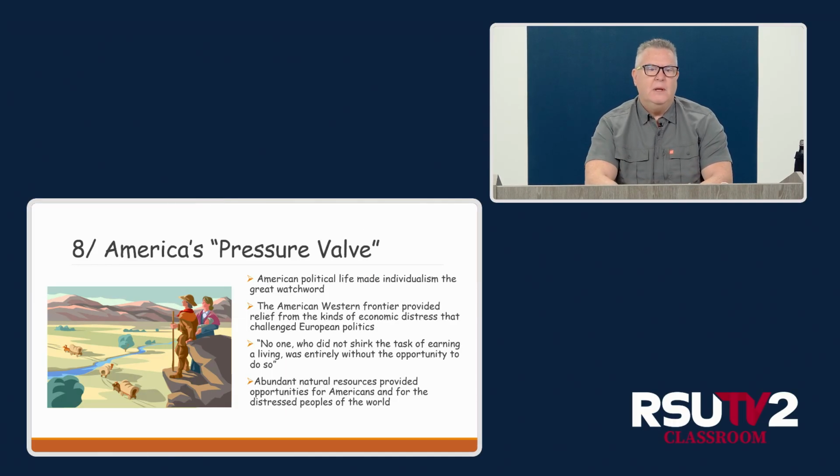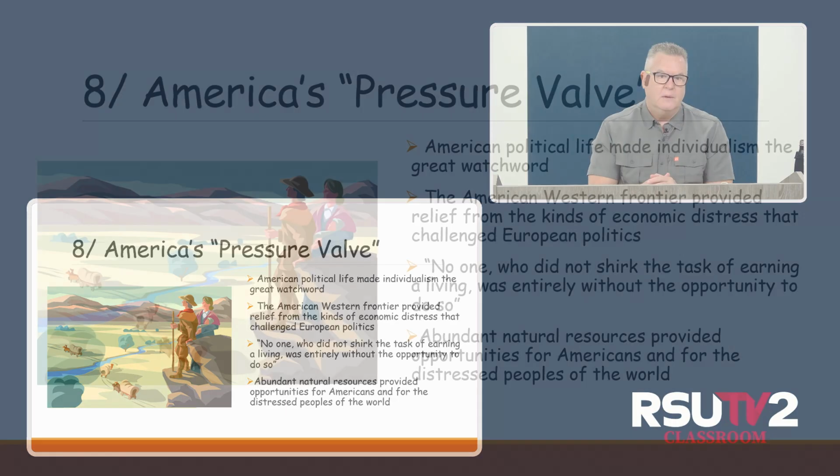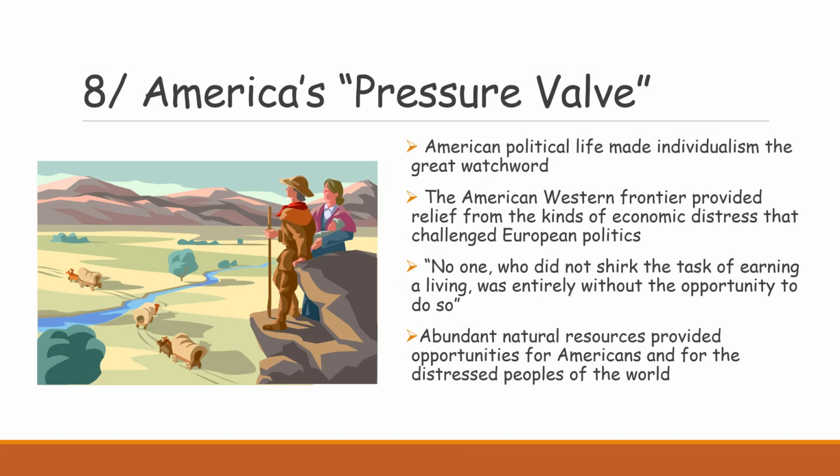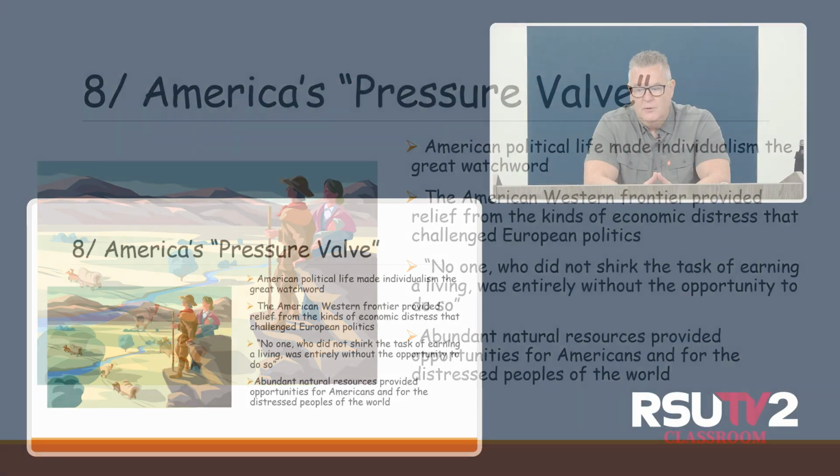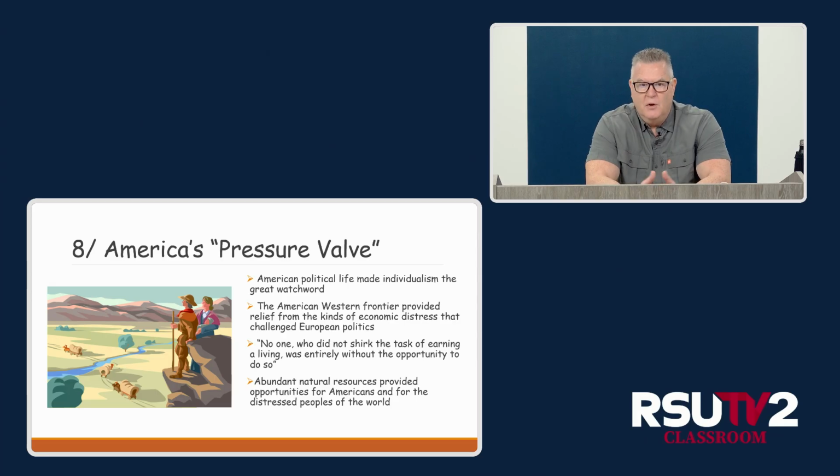FDR also speaks of the frontier as the great pressure valve for America. American political life made individualism the great watchword, and the American western frontier provided relief from the kinds of economic distress that challenged European political systems. The quotation here is, "No one who did not shirk from the task of earning a living was entirely without the opportunity to do so."